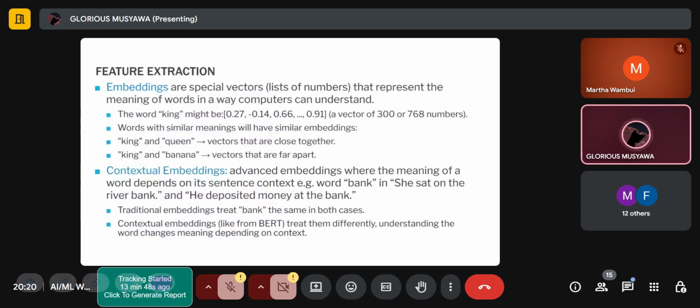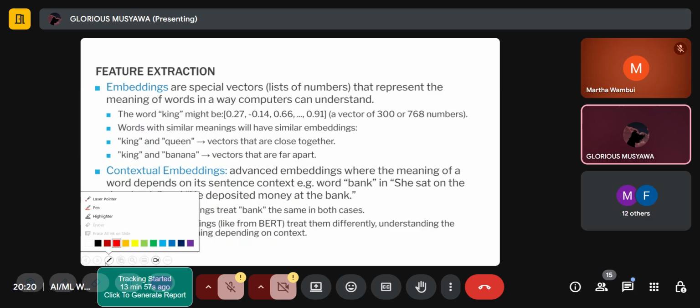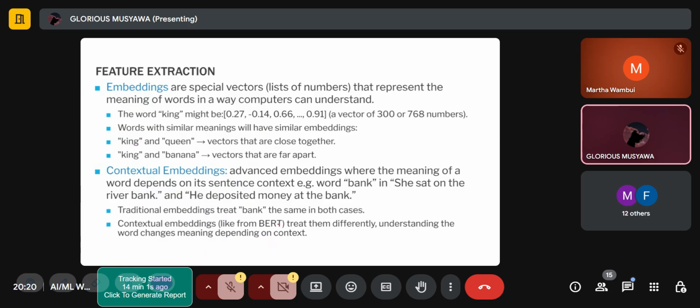So contextual embeddings are just a type of NLP. We are going to learn more about GPT and BERT, so if it sounds new, don't worry about it. We're going to learn it by the end of the topic. Understanding that a word changes meaning depending on the context, as natural language processing evolves, we are able to make machines understand context.